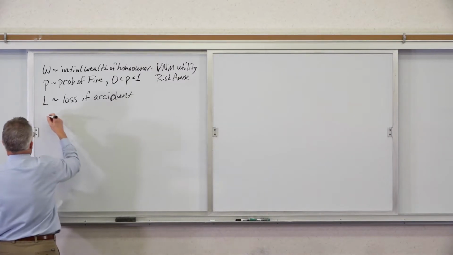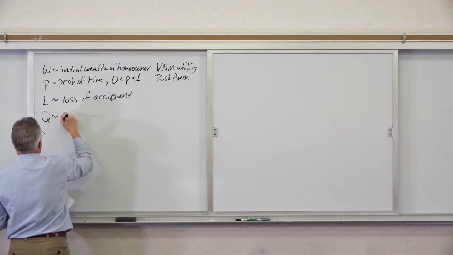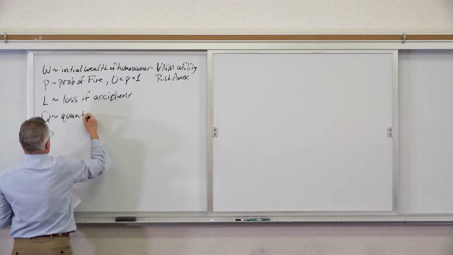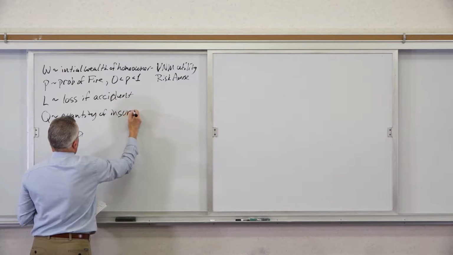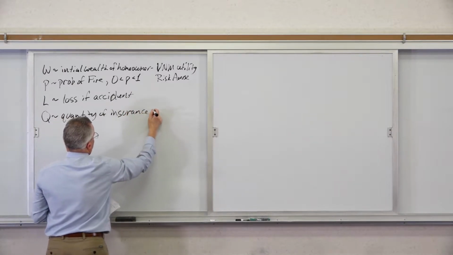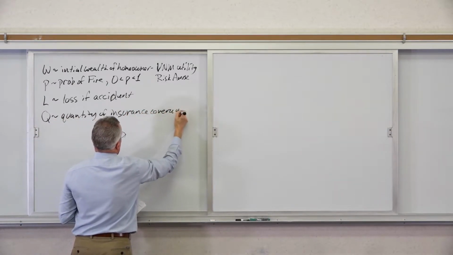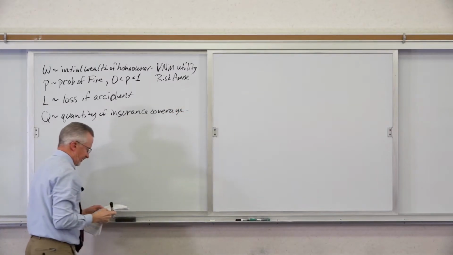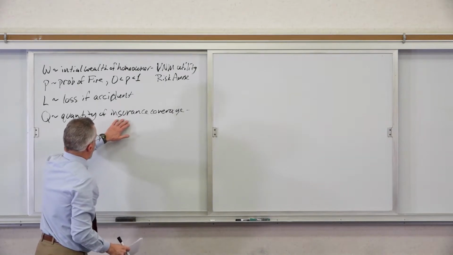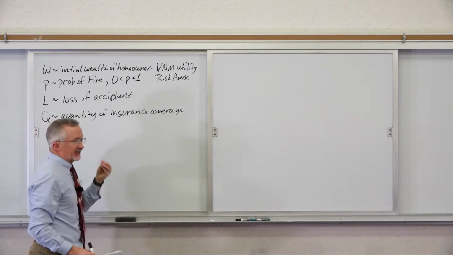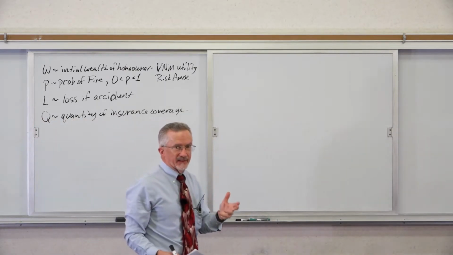And Q will be the quantity of insurance coverage that is purchased. That's what they're going to choose. That is to say, if there's an accident, that's what the indemnity that the insurance company will pay will be.